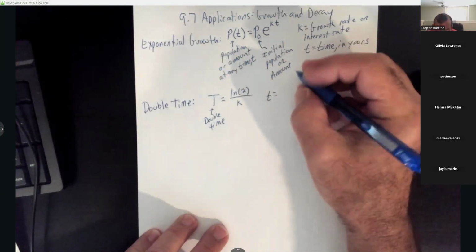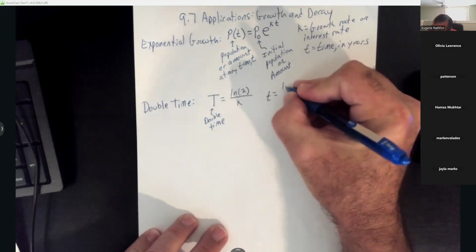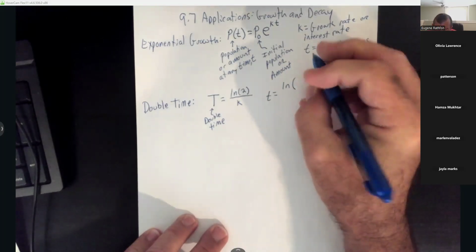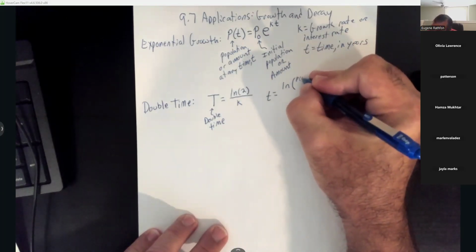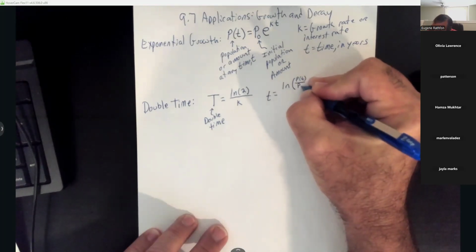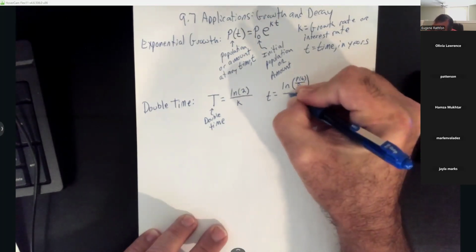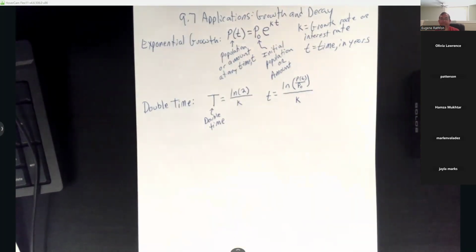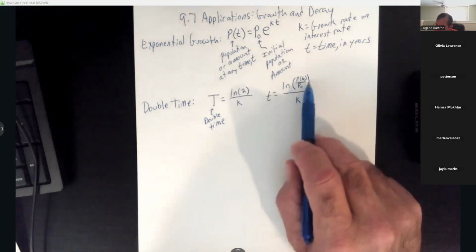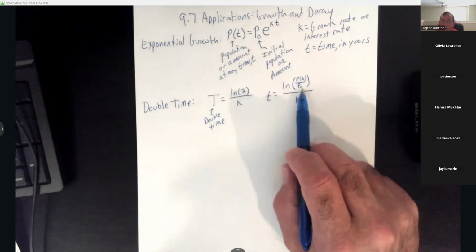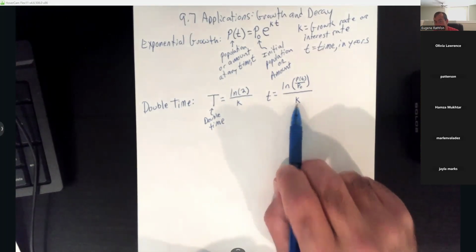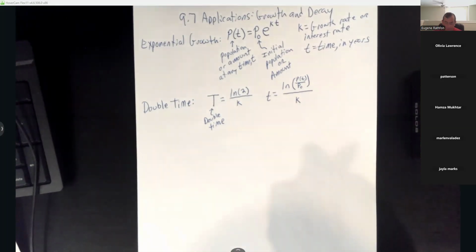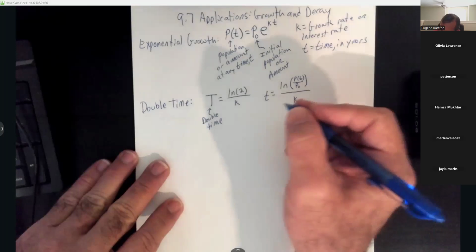So to find the time later, we'll use this formula: ln of P T divided by your P initial, all divided by K. So when I'm using this one, they'll give me the ending amount, the initial amount, and my K, okay? That's our formulas we're going to play with.